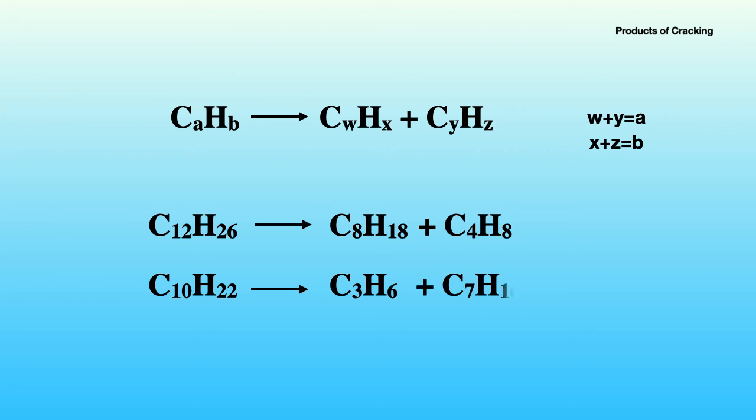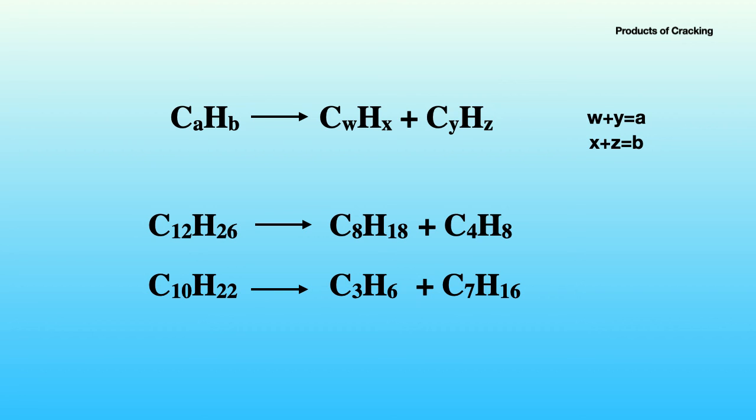We started with 22 hydrogens. There are 6 in the propene. That means the other product must contain 16 hydrogens. Check the adding up, you'll see it works. So, you also get heptane. Notice you get a mixture of an alkene and an alkane again.